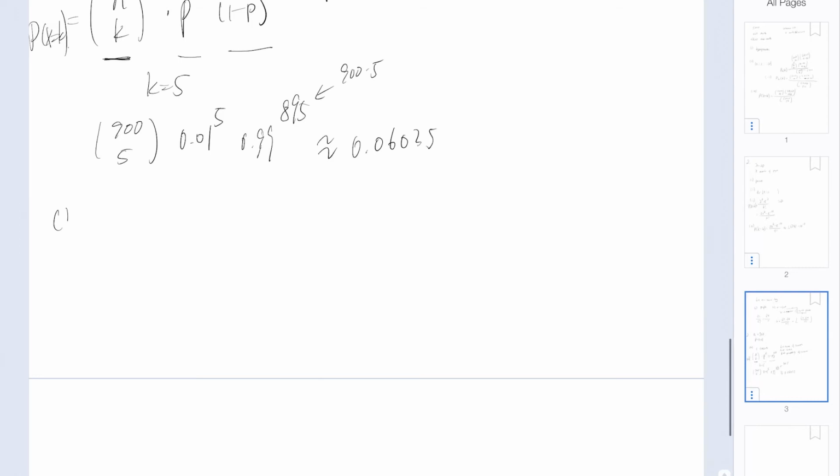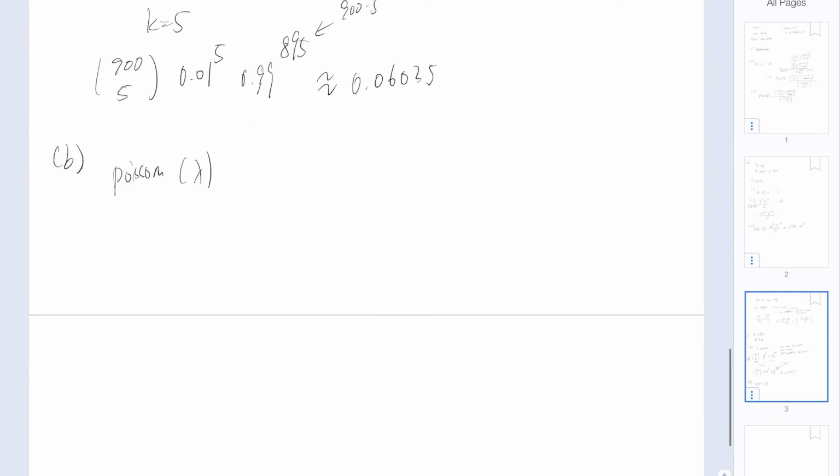For part B, we are asked to use the Poisson PMF to calculate the probability of exactly 5 successes. For the Poisson distribution, we need to input a parameter lambda, which is the mean or expected value.